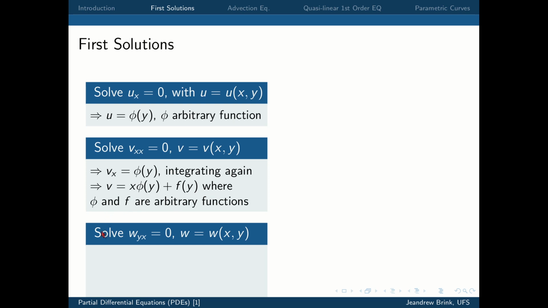And let's now go about and solve this equation. So we have wyx equals 0, and we know that w is a function of x and y. And so we once again put wy equals u. So we have that wy equals phi of y.